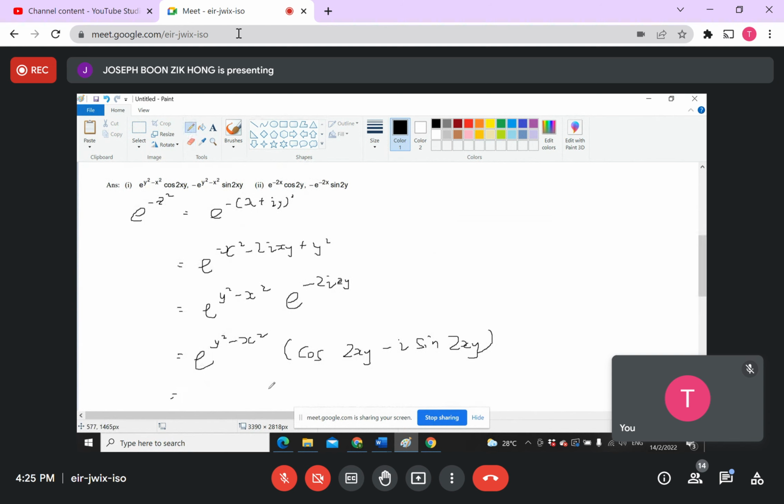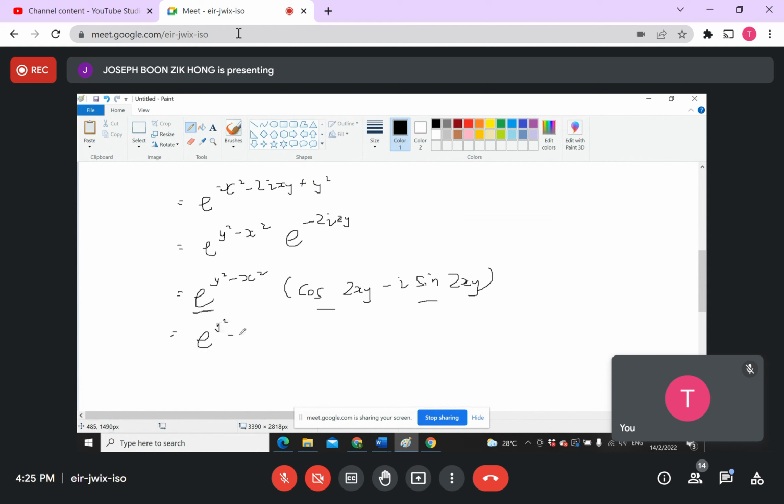Okay, so what is your real part? The real part will be this one and this one. What is the imaginary part? It will be this one and this one. So it will become e^(y squared minus x squared) cos 2xy, and then minus i times e^(y squared minus x squared) sin 2xy.